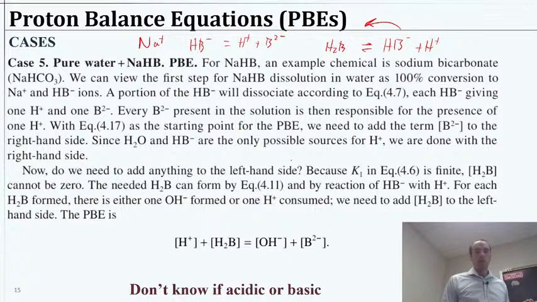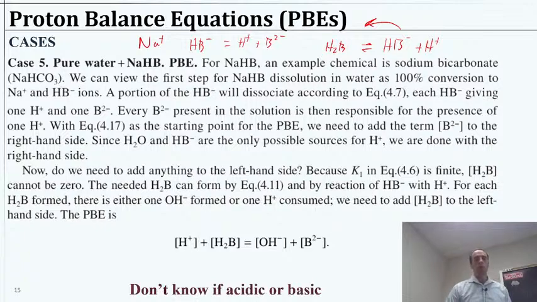So, and it's describing this here, we have to have at least some H2B, can't be 0. And in doing so, that's going to be formed by this reaction like I showed, HB minus with H plus. For every H2B formed then, there is either one OH minus formed or one OH minus consumed.